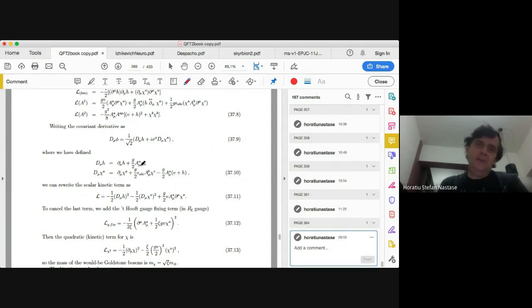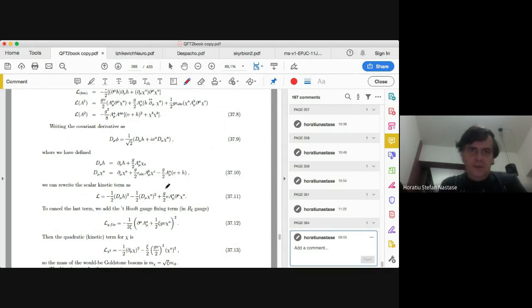The gauge field A_mu^a couples to chi^a, not to phi, to H. And the covariant derivative of chi^a has the normal part, d_mu chi^a plus g over 2 epsilon^abc A_mu^b chi^c. And then also a term where it acts on the other component, minus g over 2 A_mu^a (v plus H).